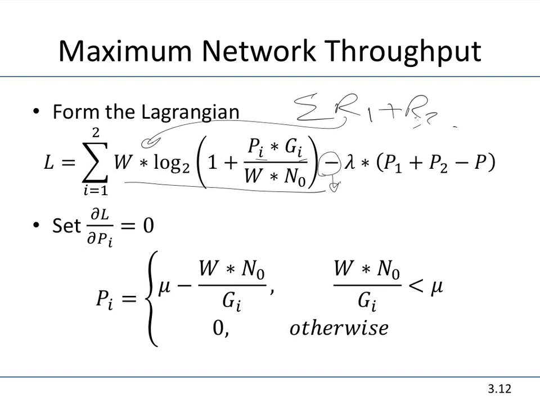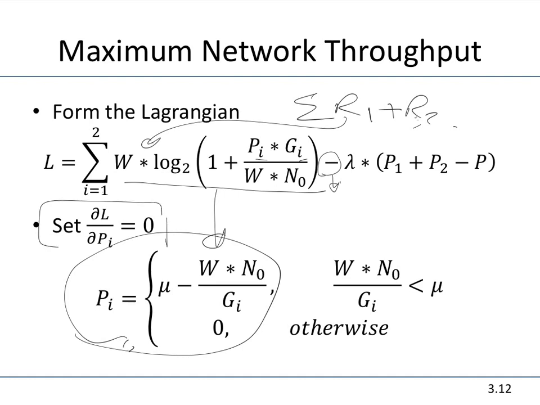So even then, by the way, you can try to derive, but it's not easy to derive this. It's basically based on the fact that we take the derivative with respect to P1 and P2, and then set both to 0.